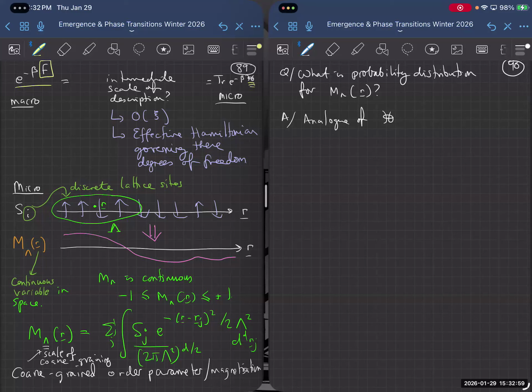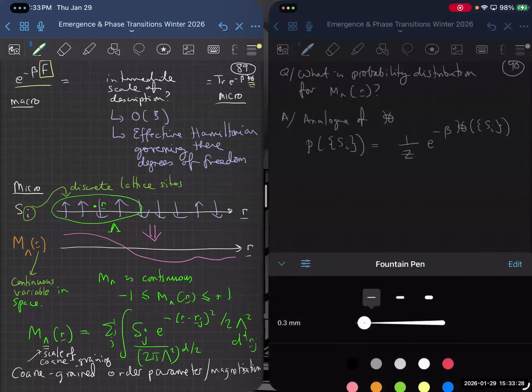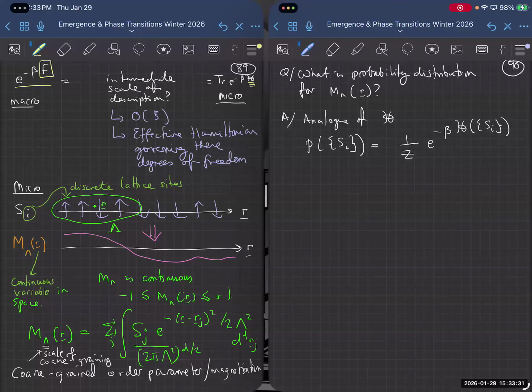If I ask you this question for the microscopic spins, the answer is that the probability distribution is 1 over the partition function times e to the minus beta times the Hamiltonian of the spins. You tell me what spin configuration you want, and I tell you the probability of that from this formula. That's the Boltzmann distribution.